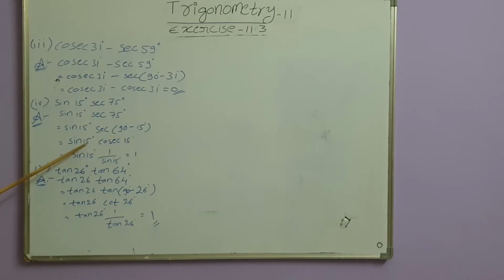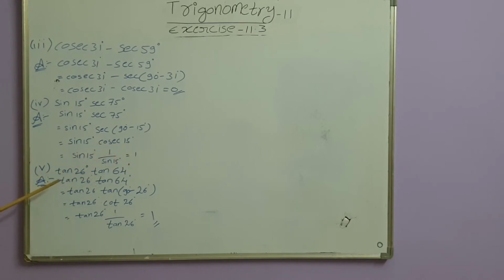Sec(90 minus a) is cosec a, so here a is 15, cosec 15 degrees. How to write cosec in sin form? 1 by sin 15 degrees is equal to cosec 15 degrees. So we write sin 15 degrees into 1 by sin 15 degrees. These two cancel, we get 1.